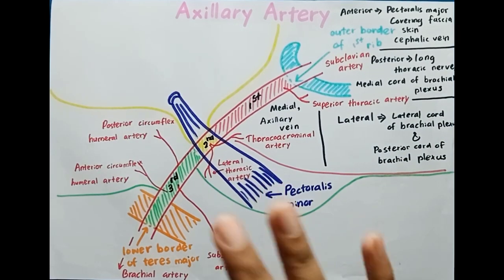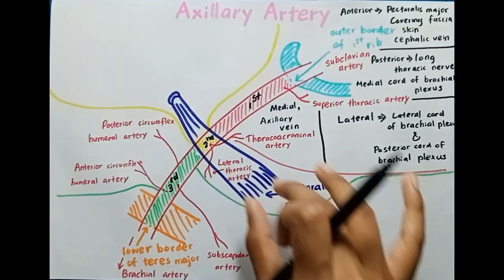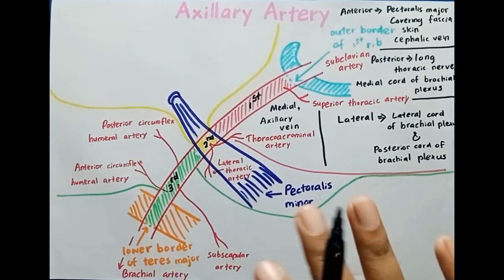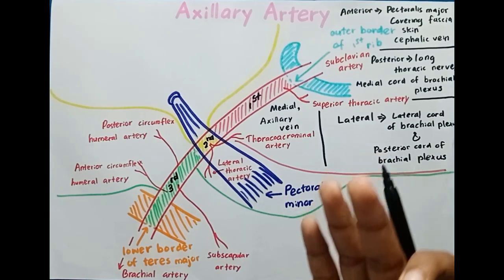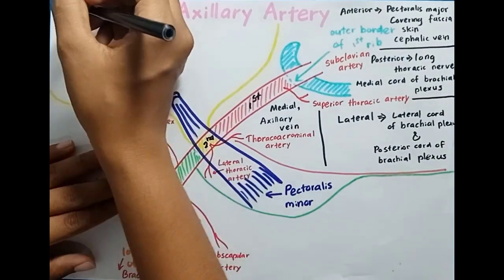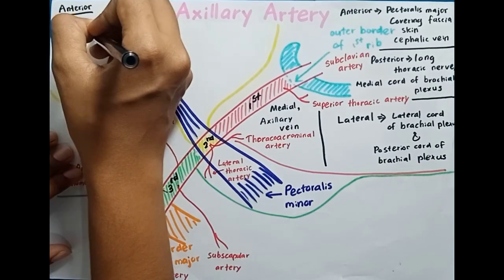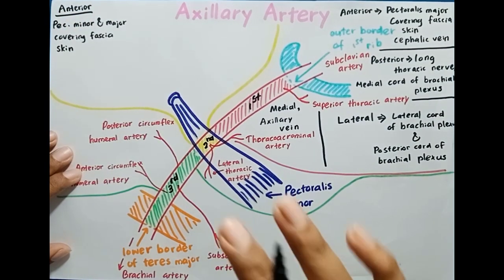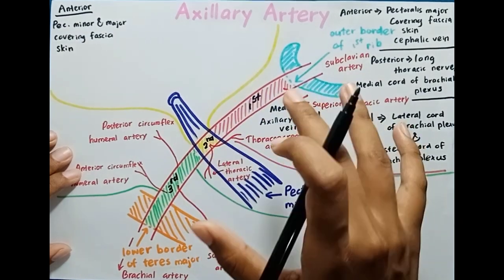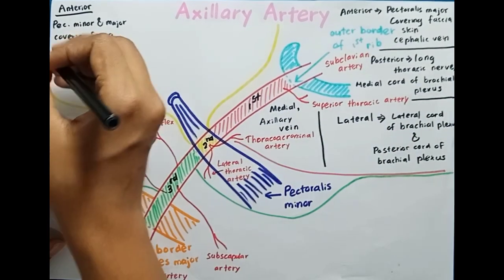For the second part, anteriorly you can see the pectoralis minor muscle, and also the pectoralis major and covering fascia and skin. Posteriorly, the posterior cord of the brachial plexus is present.